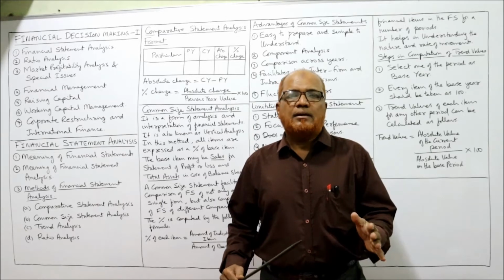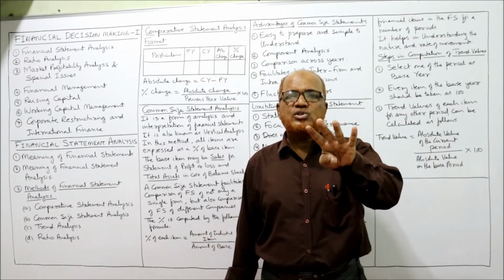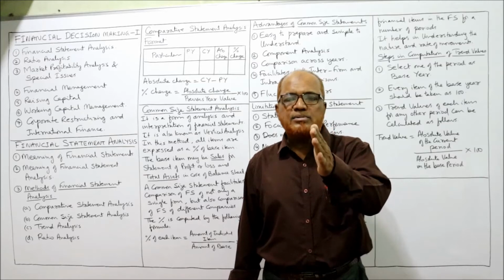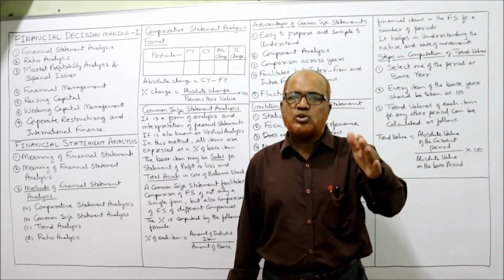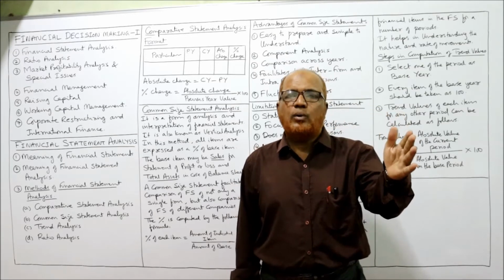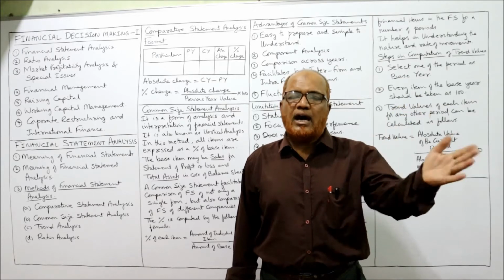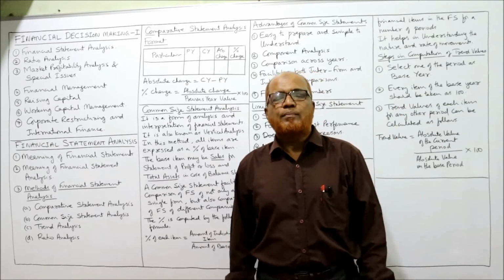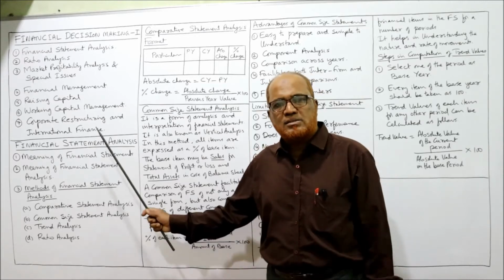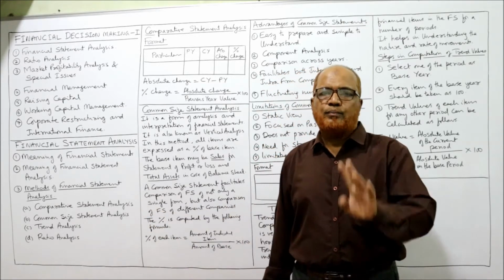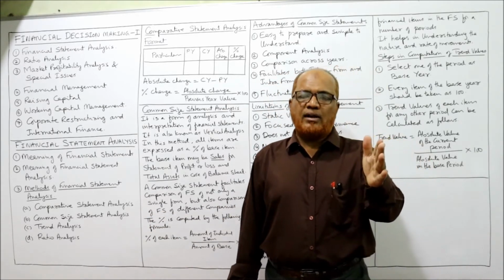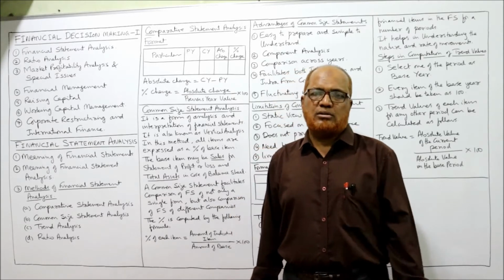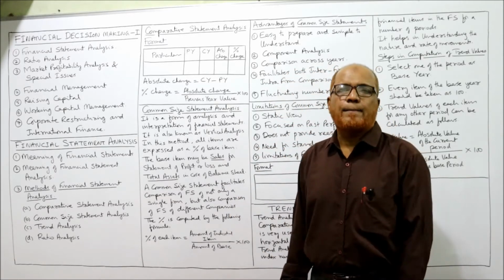So presently, joint stock companies prepare 4 statements: income statement, statement of financial position, statement of shareholders' equity, and lastly cash flow statement. But in this chapter we focus only on 2: statement of profit and loss and balance sheet. These are the financial statements.